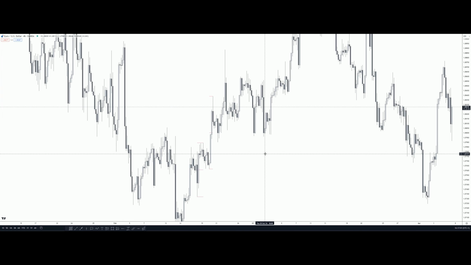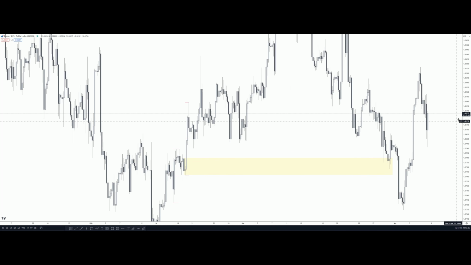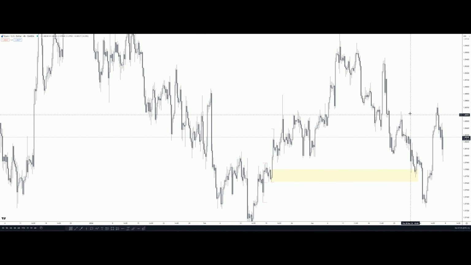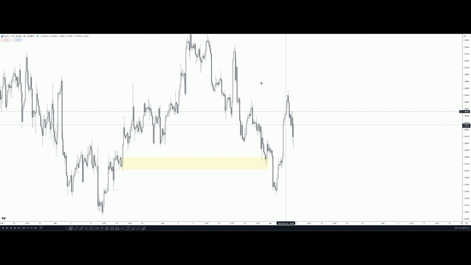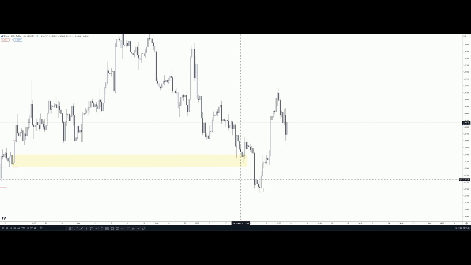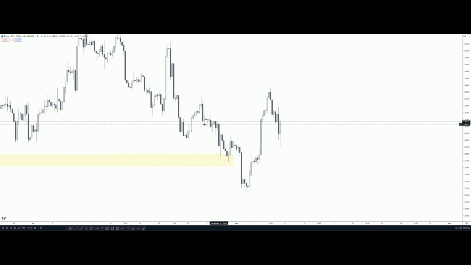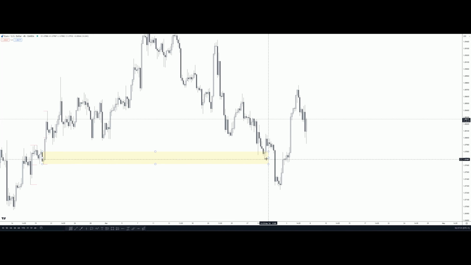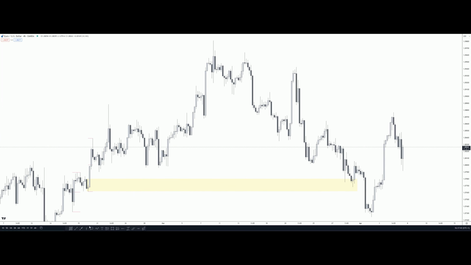You can see after price does come into an area later on, such as this valid zone, it has reactions from it on the 4 hour, and yes, it doesn't play out, it doesn't go all the way to the previous inducement. It won't always have that full on reaction, but remember, this is the 4 hour. On the 15 minute, that's a good few hours of bullish price action. Okay, and so on and so forth.